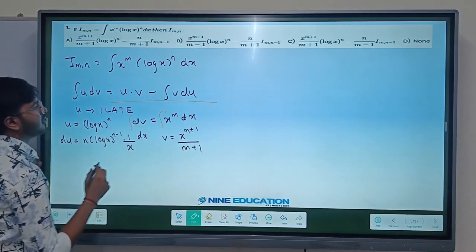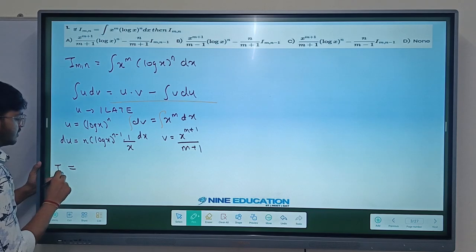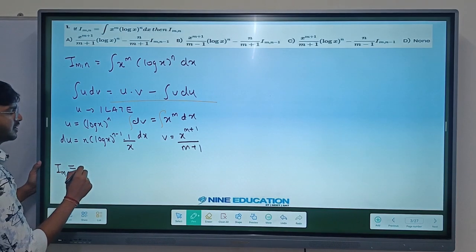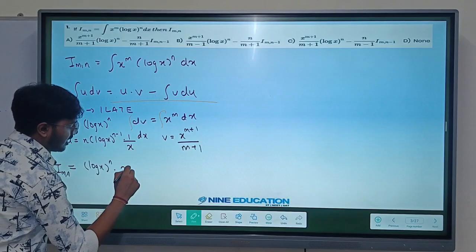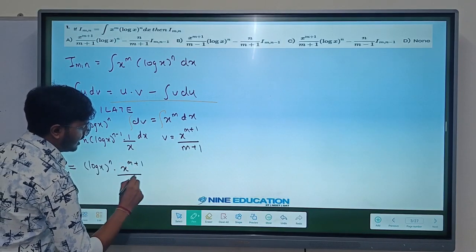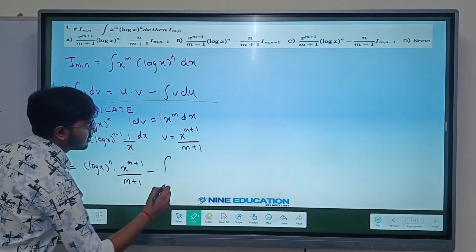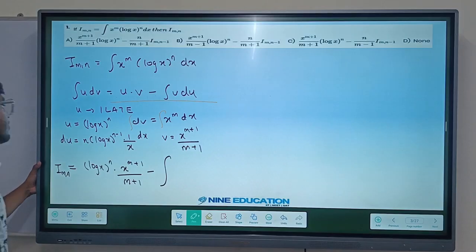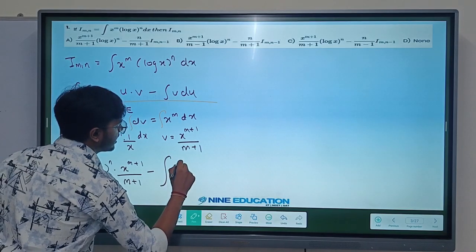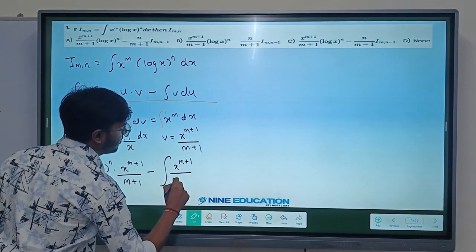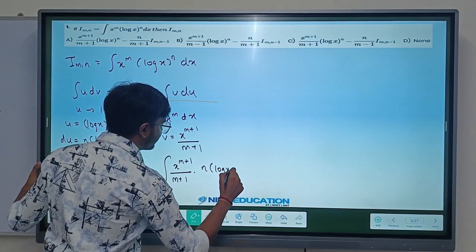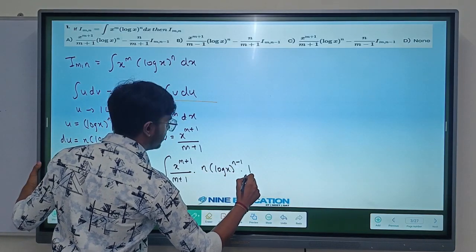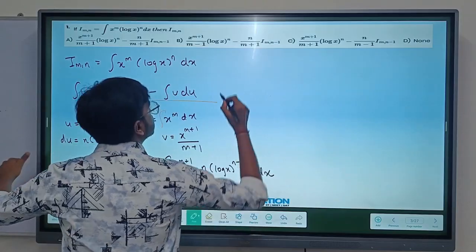So if I apply the formula, Imn would be u into v. U is log x power n into v, x power m plus 1 by m plus 1, minus integration v du. What is v here? V is x power m plus 1 by m plus 1. Du is n log x power n minus 1 into 1 by x dx.